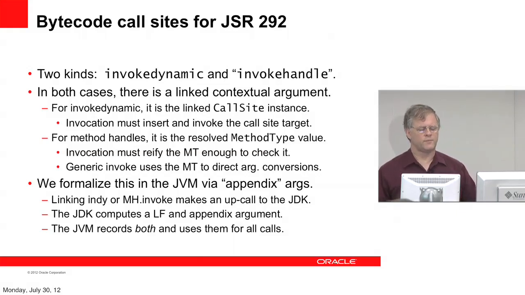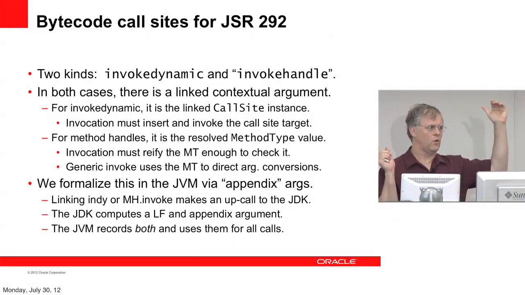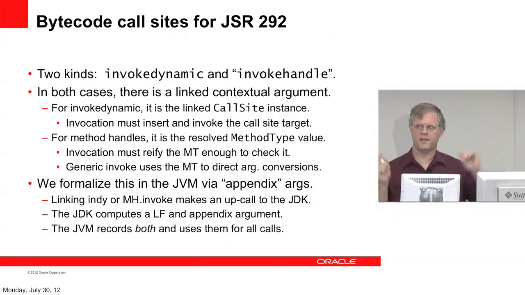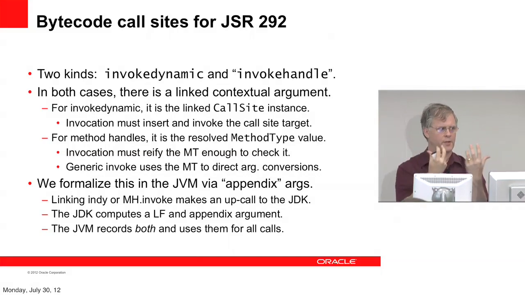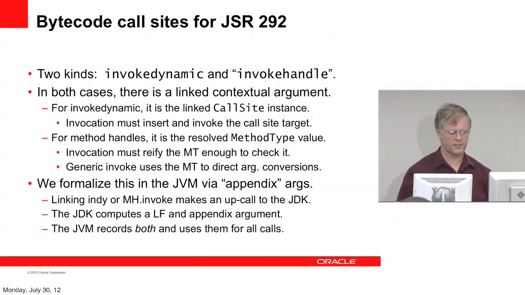I want to emphasize that this linkage decision is not baked into the VM. All the VM knows how to do is make an upcall to Java when it does the first execution of a method handle invoke or an invokedynamic, and the JDK does the rest. The JVM receives back a behavior pointer in the form of a compiled Lambda form, and also an appendix argument, and it's responsible for remembering those two and putting them together whenever the call site's executed.